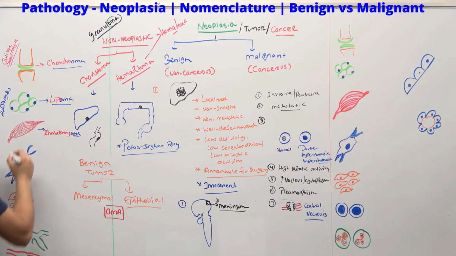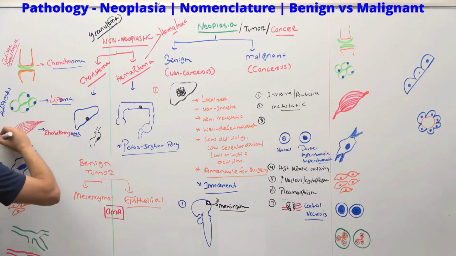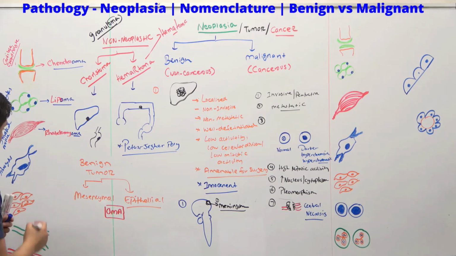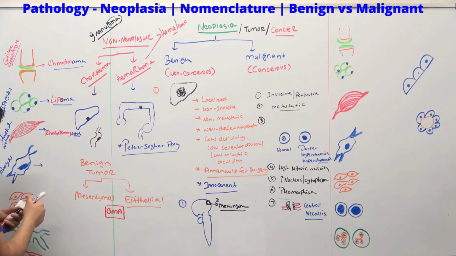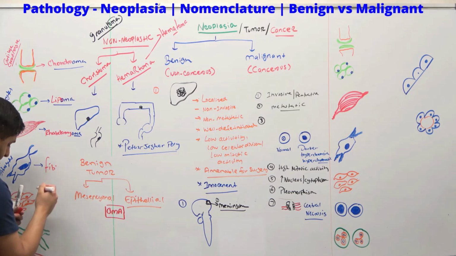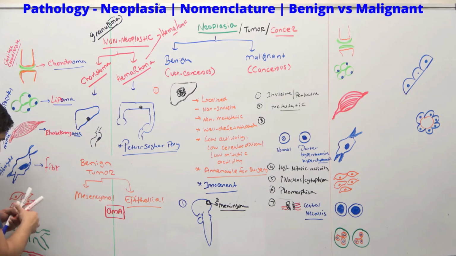And this is striated muscle. What about this one? This is fibrocytes. If it's coming from fibrocytes, what do we call it? This is a benign tumor, mesenchymal in nature, and we call it a fibroma.